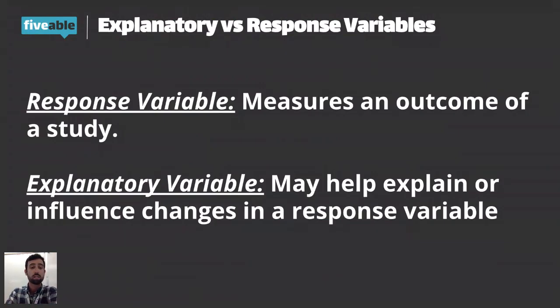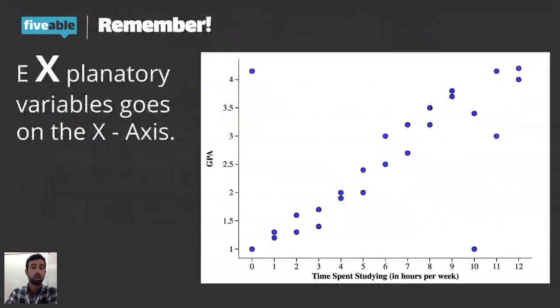I have an example right here: time spent studying in hours per week and your GPA. The response variable here would be your GPA, right? That's the outcome we're trying to measure. Over here, the explanatory variable is going to be the time spent studying. So that will change or affect your GPA.